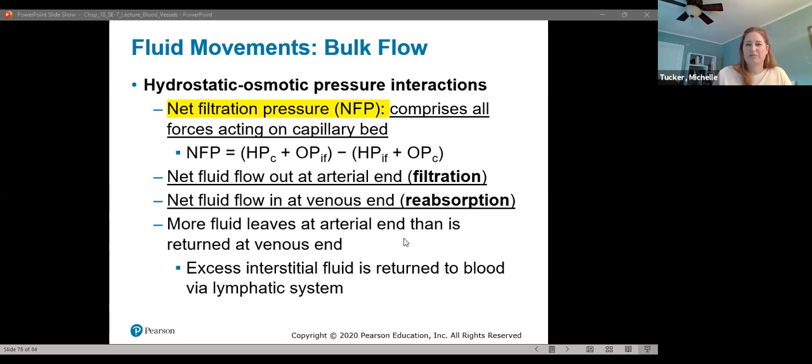Net filtration pressure comprises all forces acting on a capillary bed.